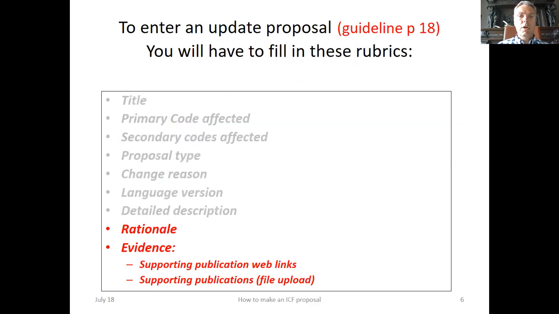If you're going to enter a proposal, the first and most vital thing is the rationale and the evidence for the proposal. So why do you need this proposal? Why does the world need this proposal? And what is the evidence behind it? The supporting publications and web links.